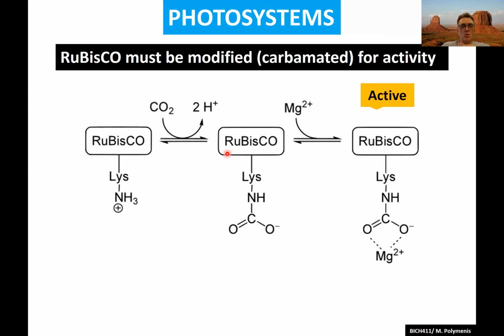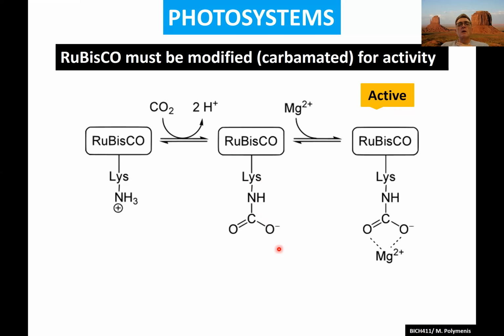So this CO2, not to be confused with the substrate of Rubisco that we saw previously, when we made the 2 molecules of 3-phosphoglycerate, is a different CO2. This one does not get used in biosynthesis to make more glucose, but is used instead to modify Rubisco itself.